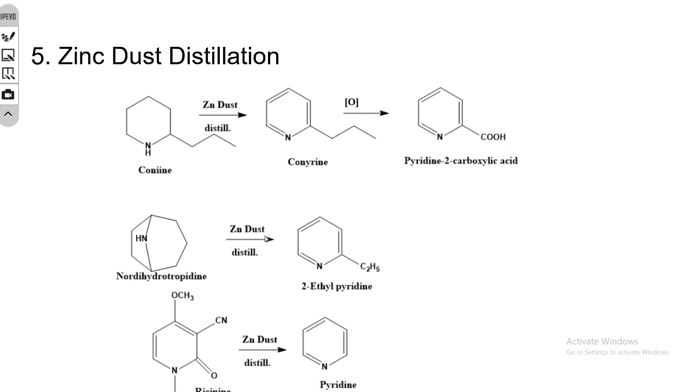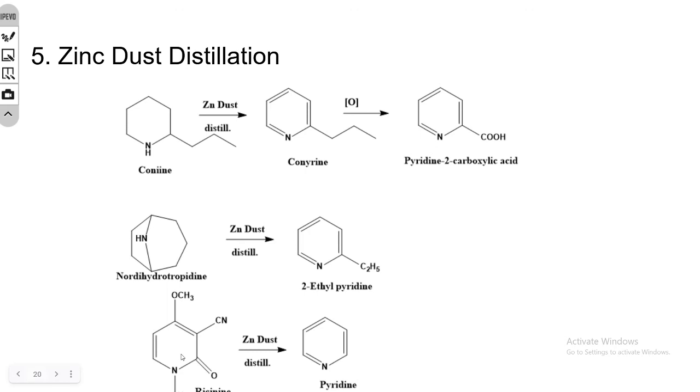Since there will be dehydrogenation after zinc dust distillation, if there is a possibility of forming an aromatic system, it will be the best reaction. That is why the product is like this, and the other groups exist as substituents.